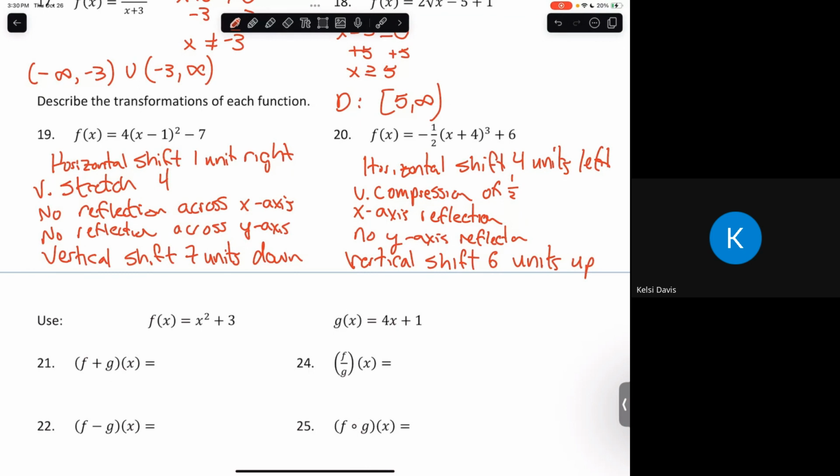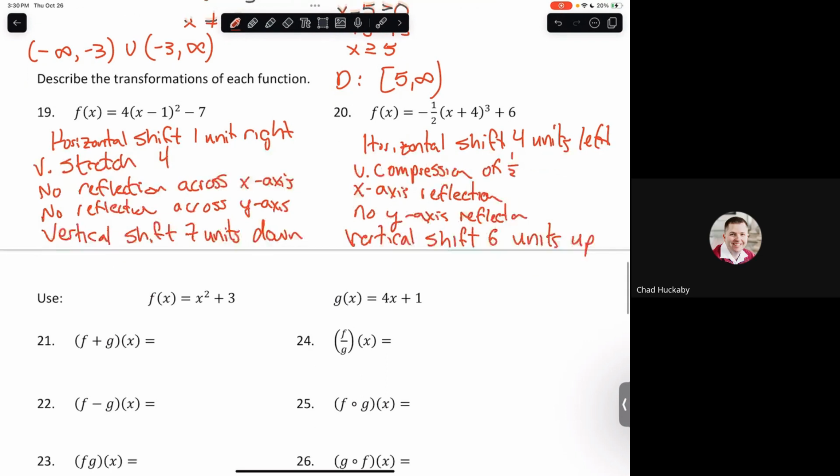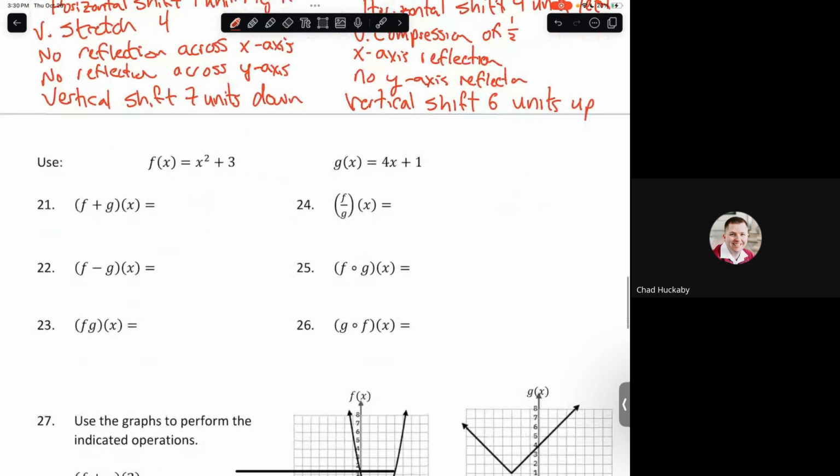Okay. Let's move on and look at number 21. Well, I guess really 21 through 26. We're looking at 6 different operations on functions. F plus g of x means that we just take those functions and add them together.